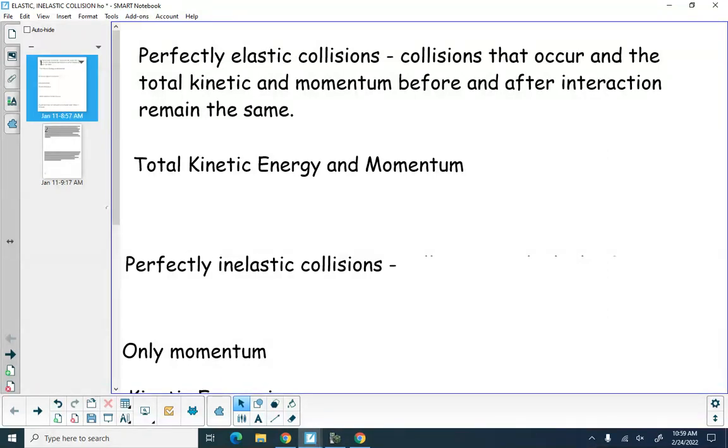So when you take a look at perfectly elastic collisions, what you're talking about is conservation of kinetic energy and momentum.